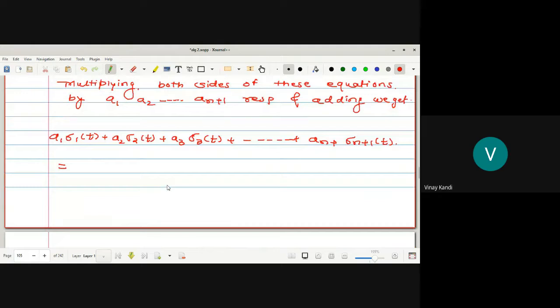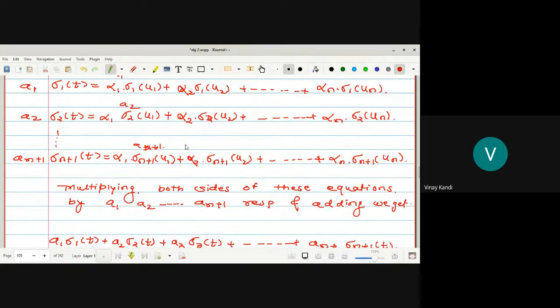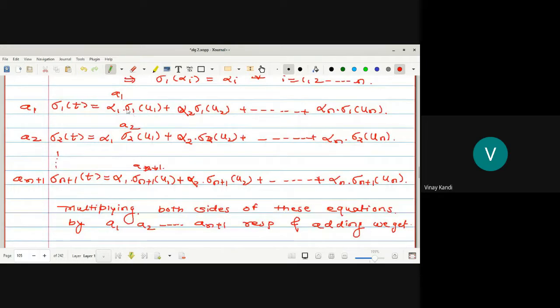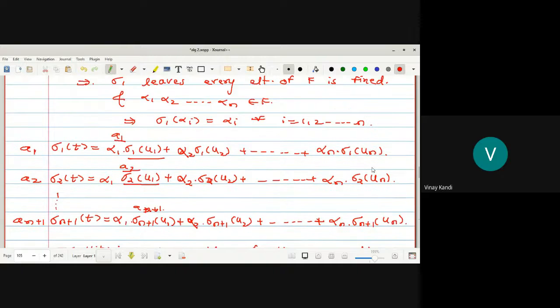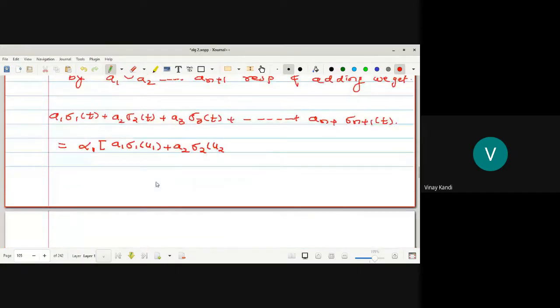Taking alpha 1 common from the first equation, in the bracket, a1 sigma 1 of u1 plus a2 sigma 2 of u1, this one is u1, plus up to so on, an plus 1 sigma n plus 1 of u1.